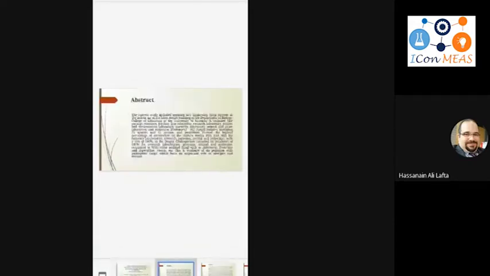Abstract. The current study included isolating undiagnosed fungi present in the indoor air of the laboratories building of the Department of Biology, College of Education at the University of Samarra.